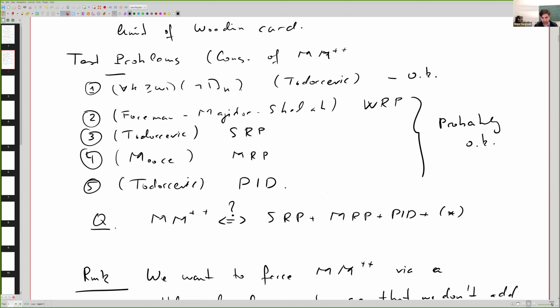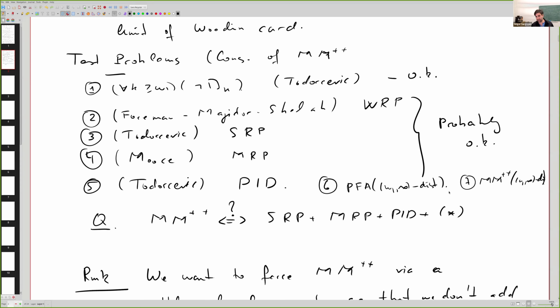So I could put PFA omega-1 infinity distributive, MM++ omega-1 infinity distributive. But these ones, there are arguments for them. I don't know if every detail of that argument will work out, but they seem to be okay.